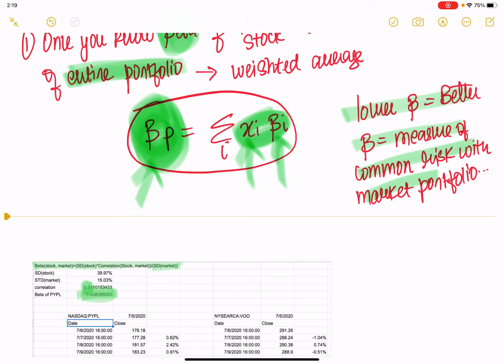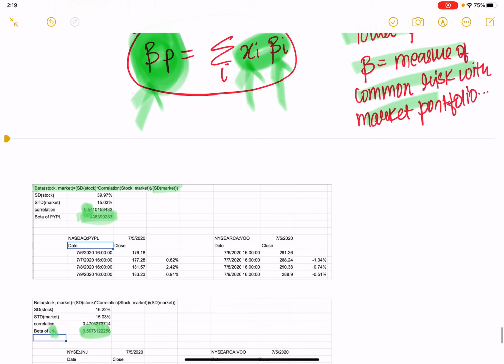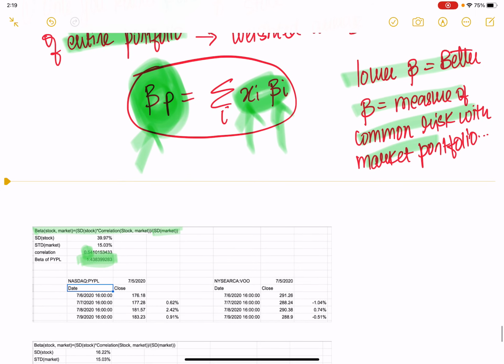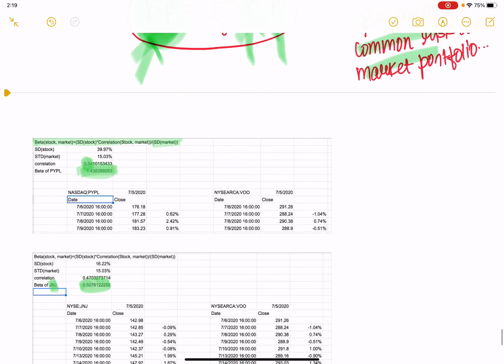It'll give you the weights that you should use for every stock. I can create another video, if that's helpful, on how to calculate and minimize the beta of your portfolio. So hopefully you can calculate the beta of one stock, then of all of your stocks, and then of your portfolio. Using Excel Solver, we can reduce beta and have Excel give us the weights, as to what percentage I should put in PayPal and what percentage in Johnson & Johnson.